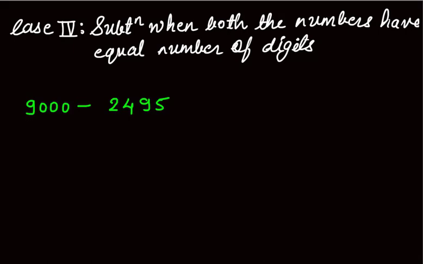That is, 9 minus 2 equals 7. And again reducing 1 from 7, we get 6 at thousands place. Further, we'll take the complement of the remaining digits 495, and that is equal to 505.